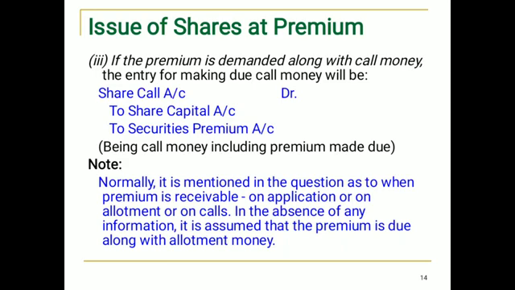So these journal entries are similar to the previous concept of issue of shares at par, with a very minor change. Other than that, journal entries are the same. Okay, so let us move ahead.